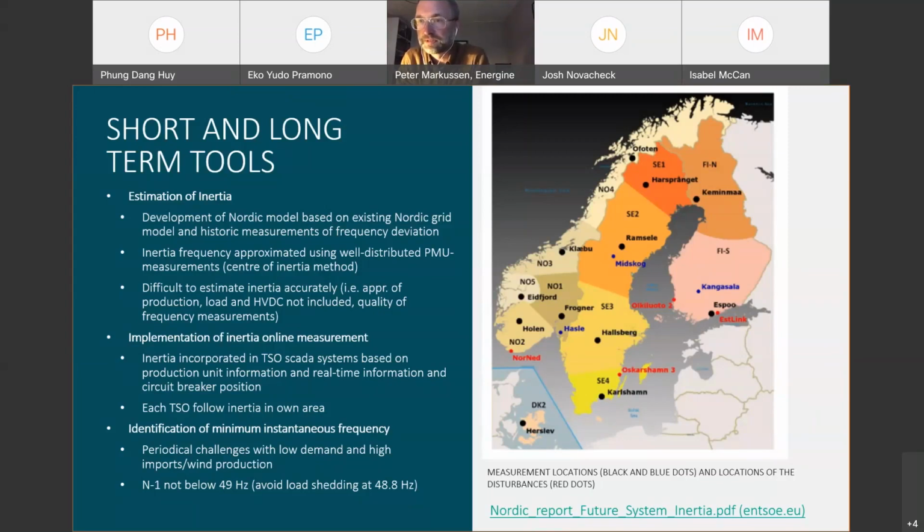We have then used that, as you saw, to look at what the inertia would look like in the future. And based on this model, we have then developed an online measurement system incorporated in our SCADA systems based on each large production unit that we have, and also based on real-time information on circuit breaker position to see whether they are producing or not.